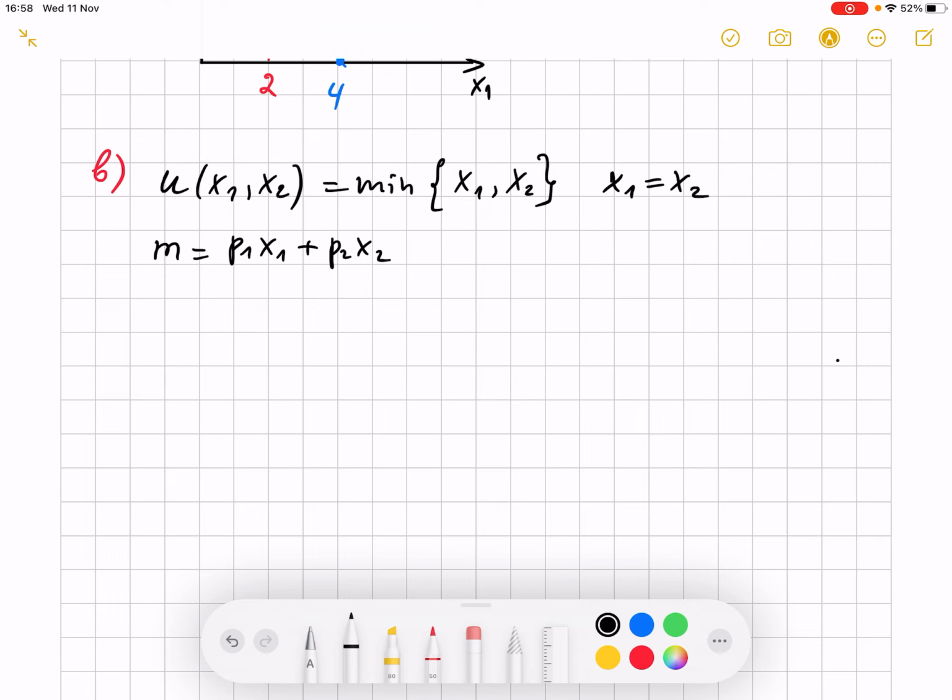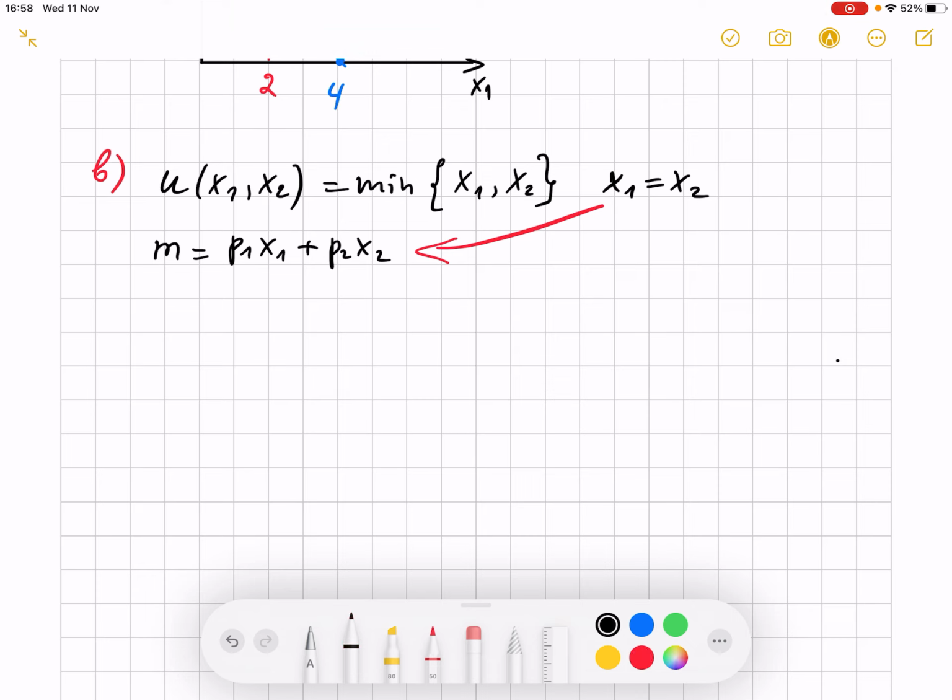That's because these are perfect complements, so the individual likes to consume them in a fixed proportion 1 to 1. That's like a right and left shoe. If you have one left shoe, you also like to have one right shoe together with that, so that you have one pair of shoes. And then in order to solve it, you have to substitute this finding into the budget constraint.